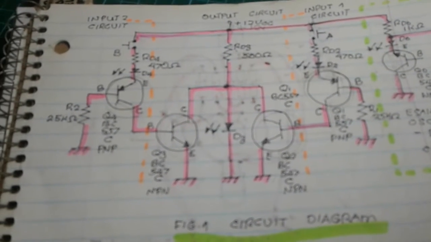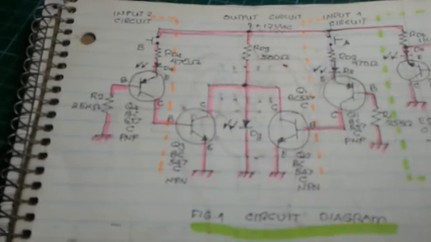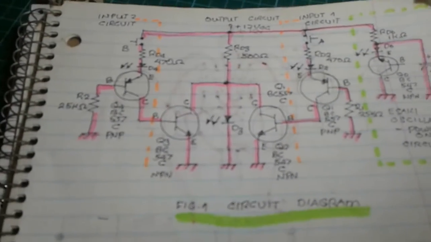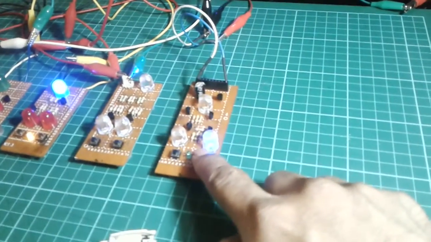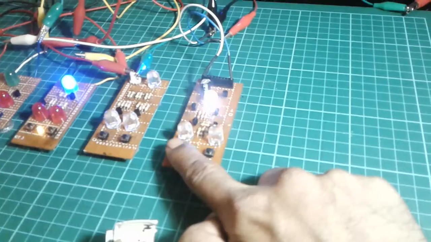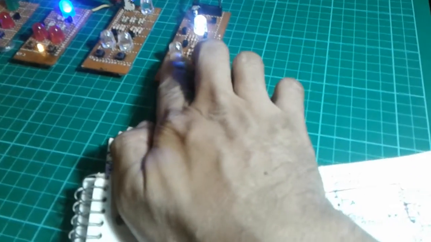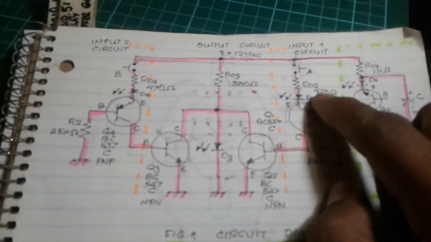So when the transistor operates in saturation mode, since the transistor has a lesser resistance, current flows here and to the transistor instead of here when you push the switch. If we both press the switch, same things will happen.